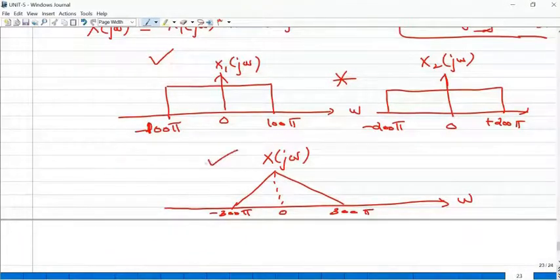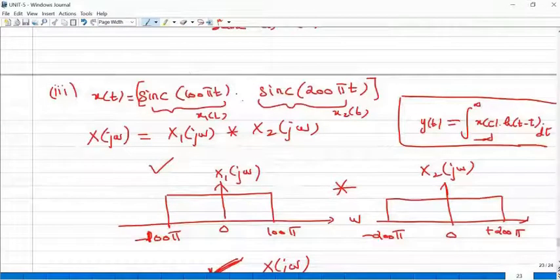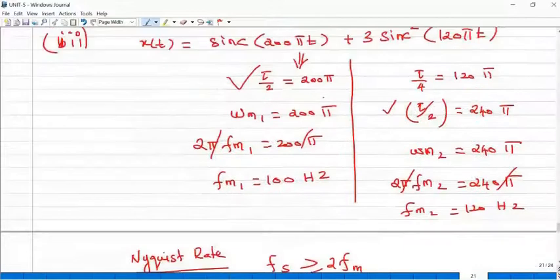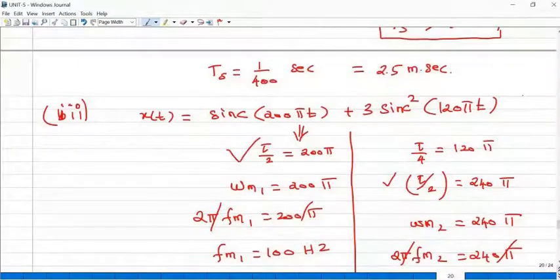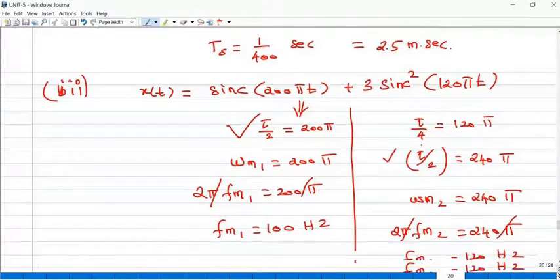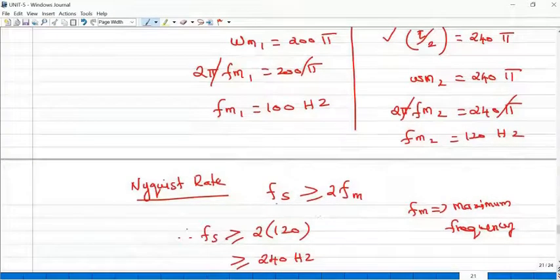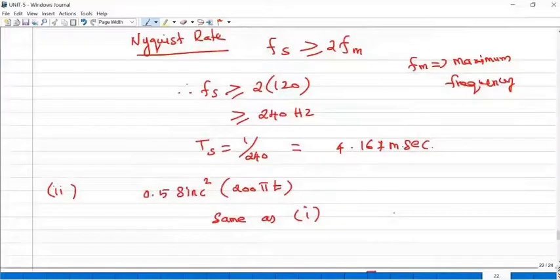This signal we need for finding our Nyquist sample rate, particularly for this problem, because the signals are multiplied. In the previous problem, signal 1 plus signal 2 plus signal 3, no problem at all. Find the individual frequency components and check which one is the highest. From that, we can easily find the sampling frequency or Nyquist sample rate.